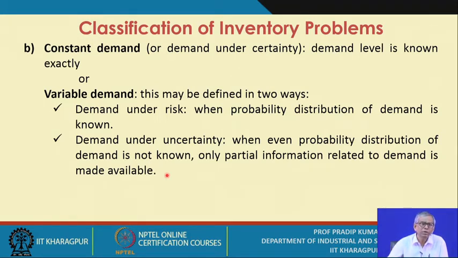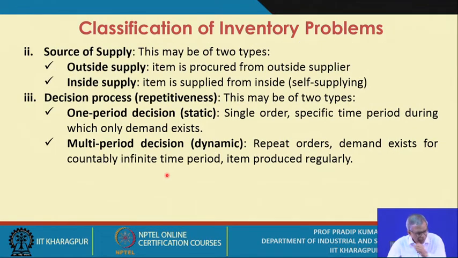If for a given item with the data you can calculate up to the fourth moment, you will have sufficient information, and obviously there are approaches with which you can determine the order quantity as well as the review interval.